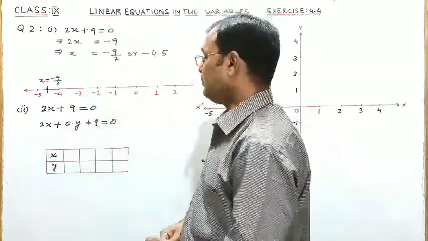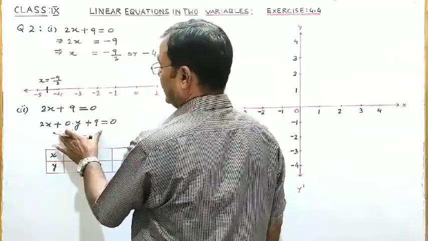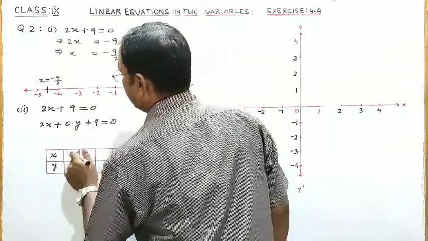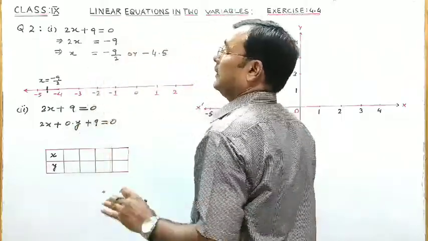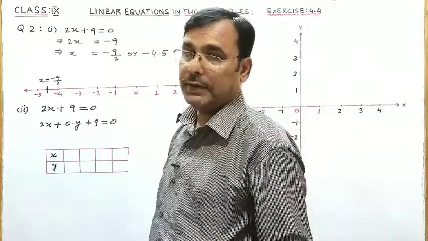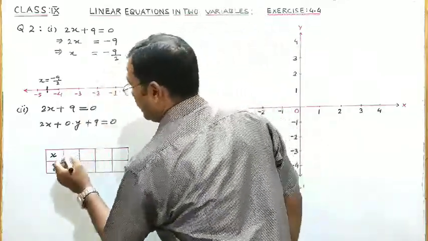So let us write a few solutions of this linear equation in this table, and you already know that the value of x will not change. It will be every time minus 9 by 2 or minus 4.5.